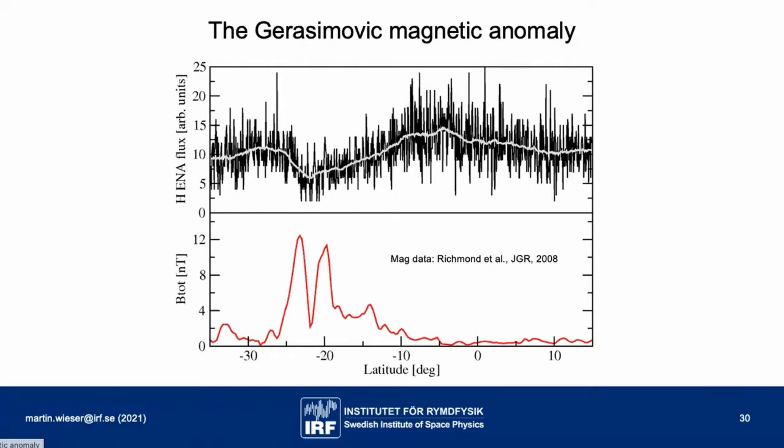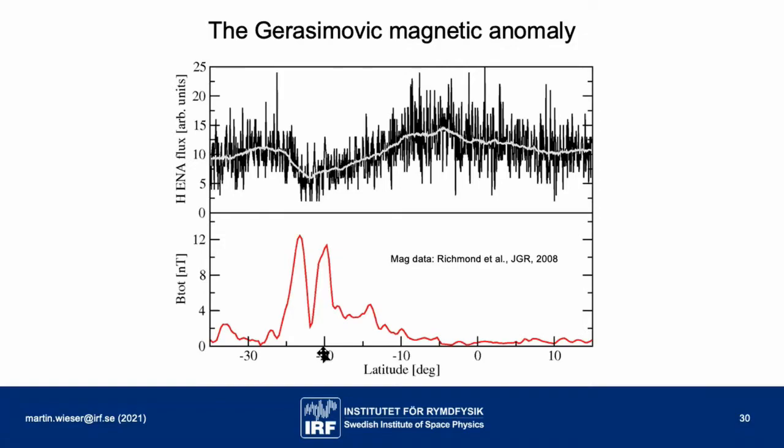And this is exactly what was observed. So here we have orbital paths across the Gerasimovich magnetic anomaly on the far side. And we see on the top panel that the energetic neutral atom flux indeed is depleted just when passing over the largest local magnetization in this anomaly.